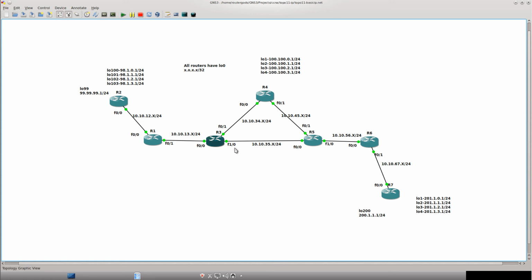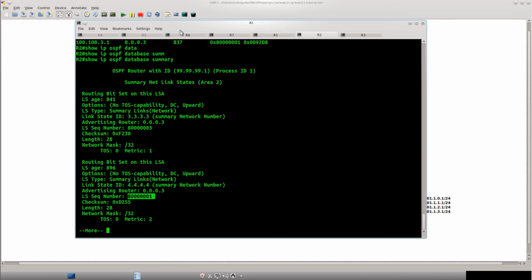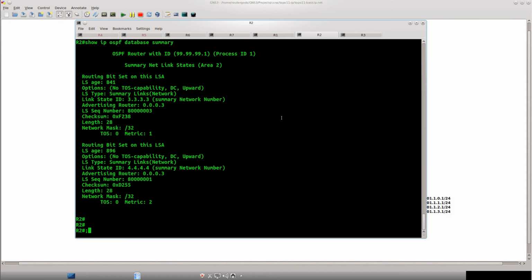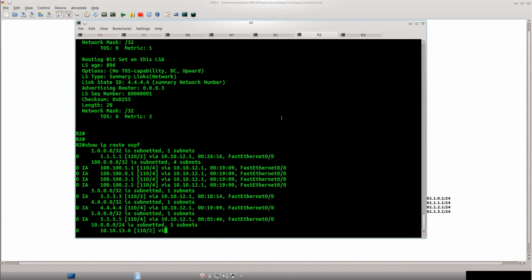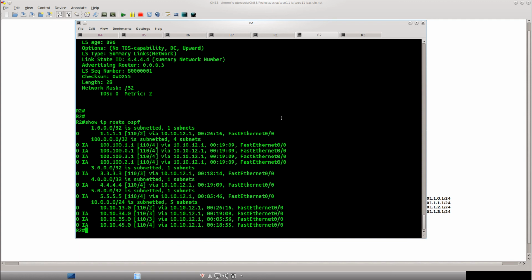So let's go back to R2. Now we're still on R2. So show IP route OSPF. Now if you look at all of these routes, you see that the next hop, what do you notice about the next hop?